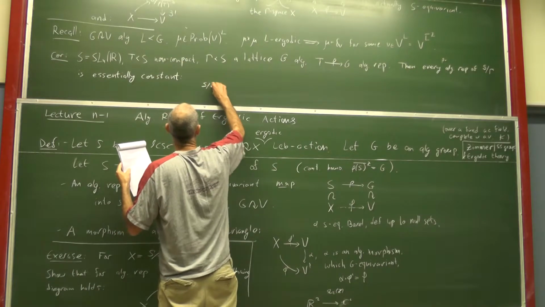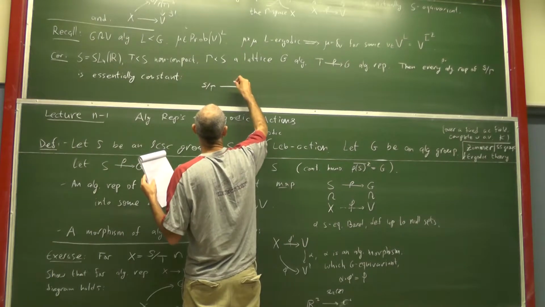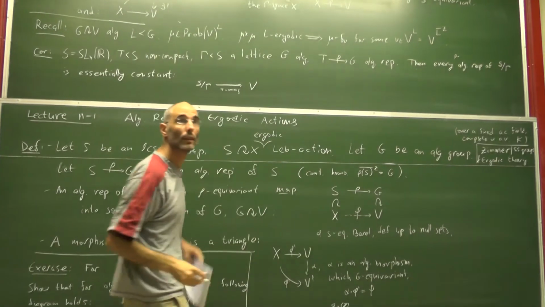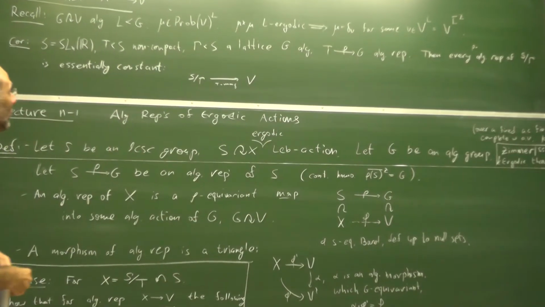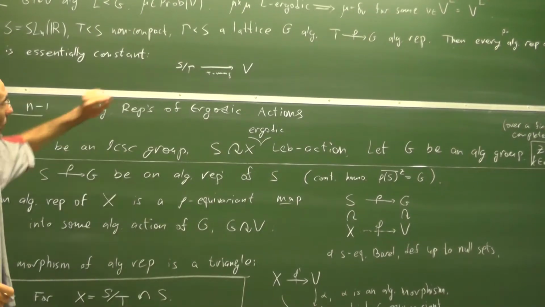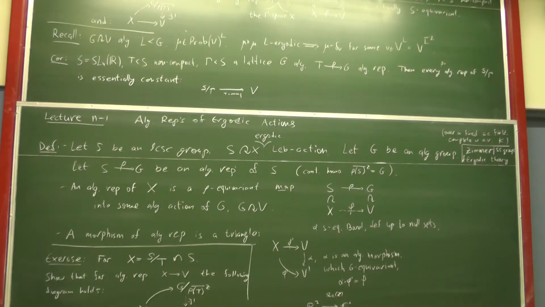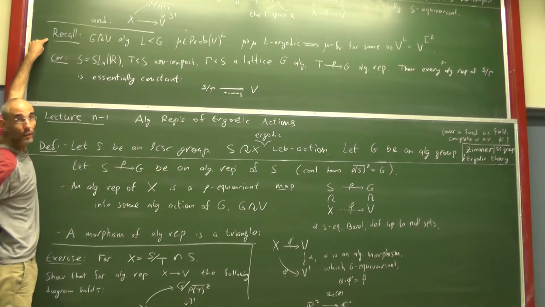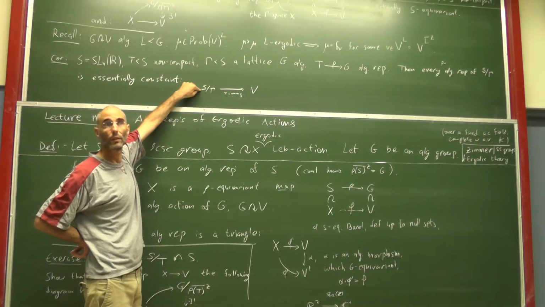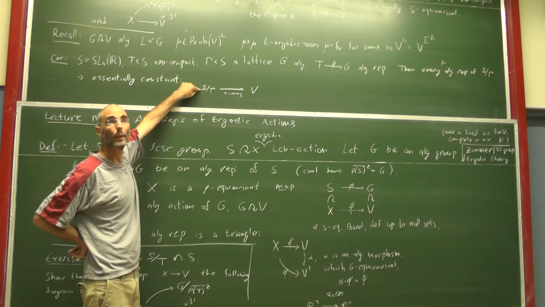So you have S mod gamma, and you find a map, this is a T map, into some V. And the claim, I think now the claim should be clear. But maybe before completing this thing with data, let me explain. I'm using this fact that we have here, and the fact that we proved earlier in one of our discussions that the action of T on this is doubly ergodic.